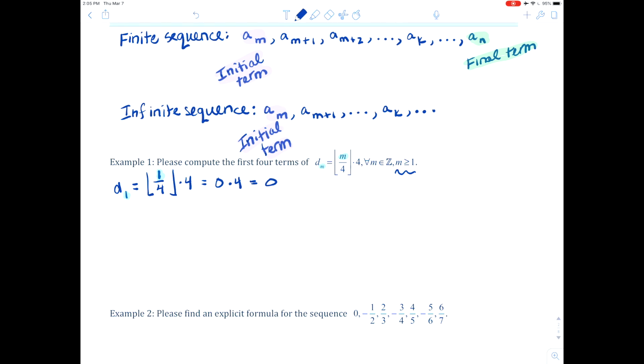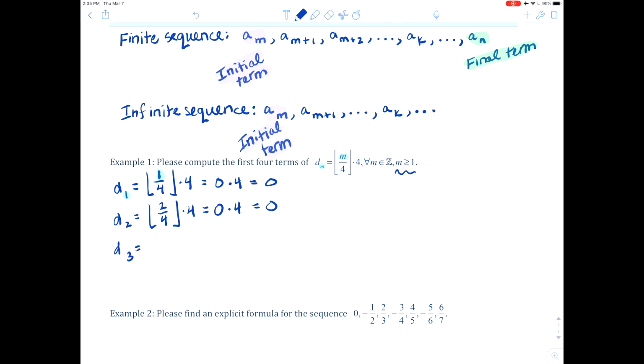Cool? All right. So now, what's D2? Beautiful. The floor of 2 quarters times 4, which is, well, the floor of a half, right? But that still hasn't attained 1. So the greatest integer attained is 0. So we still get an output of 0.